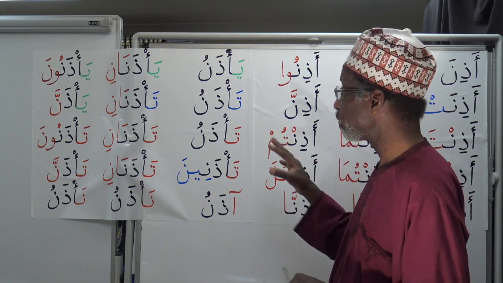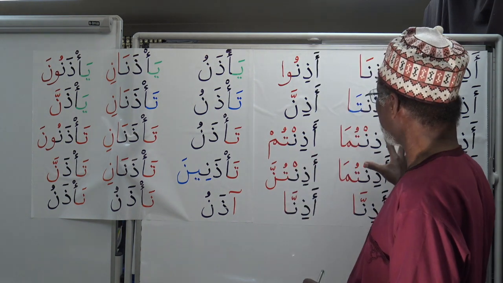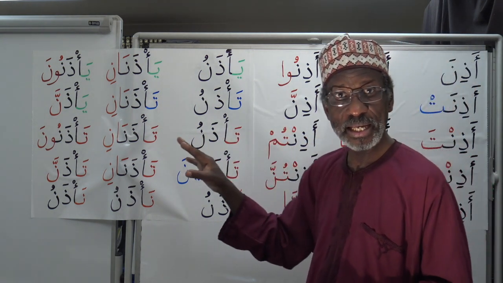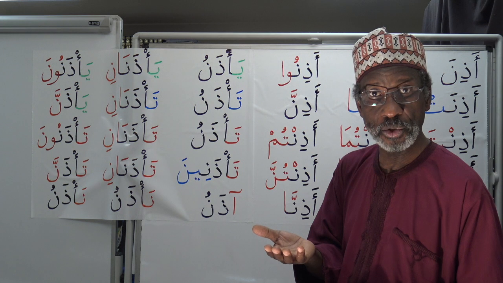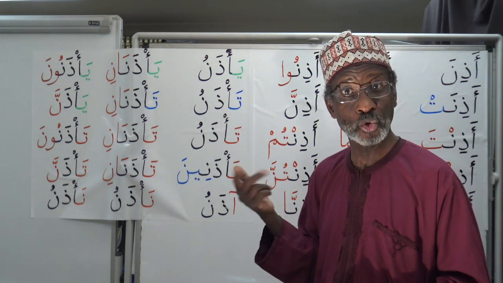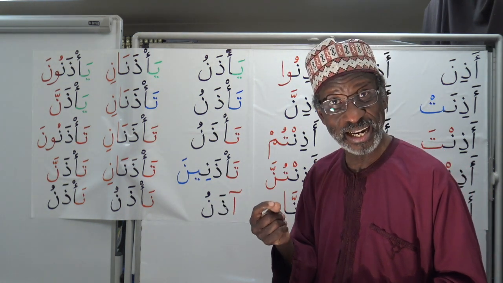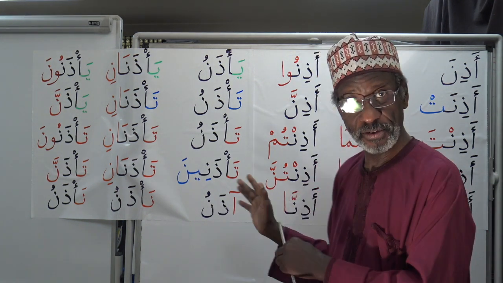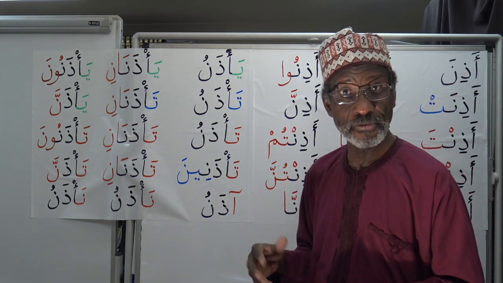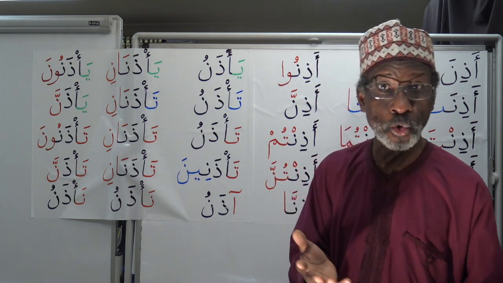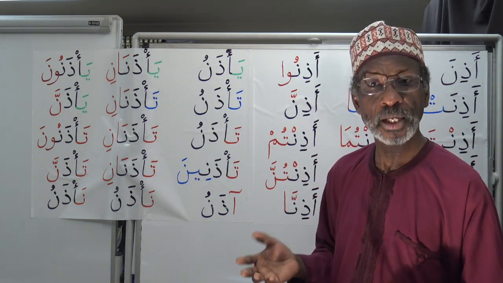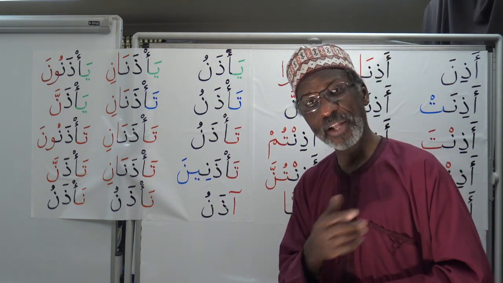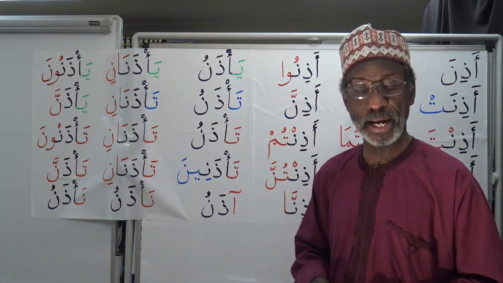By the way, everything I say here about adhina ya'dhanu you can also apply to the other two verbs, which are asara ya'siru, the verb to capture, which I first mentioned at the beginning, and the verb amala ya'mulu, he hoped, he hopes. So they conjugate the same way. But let's look at what's happened in the imperative.